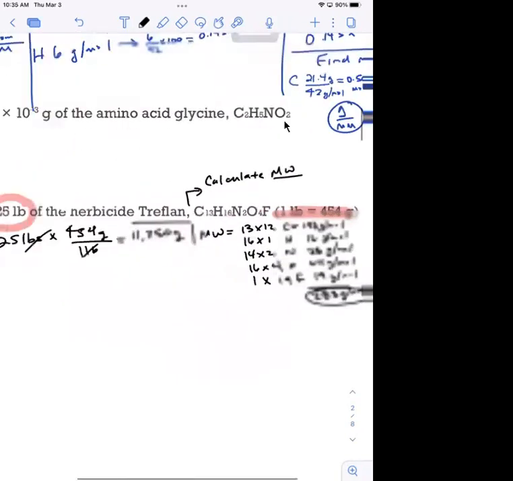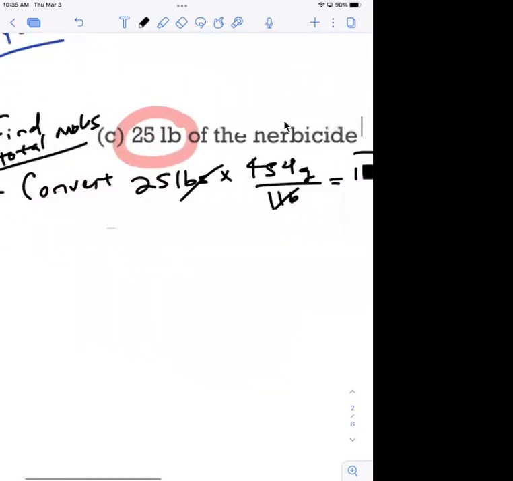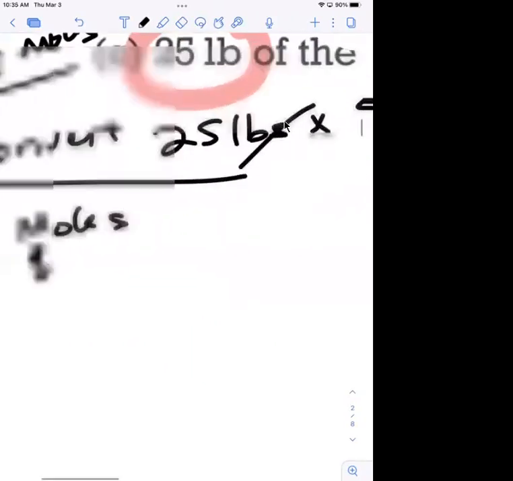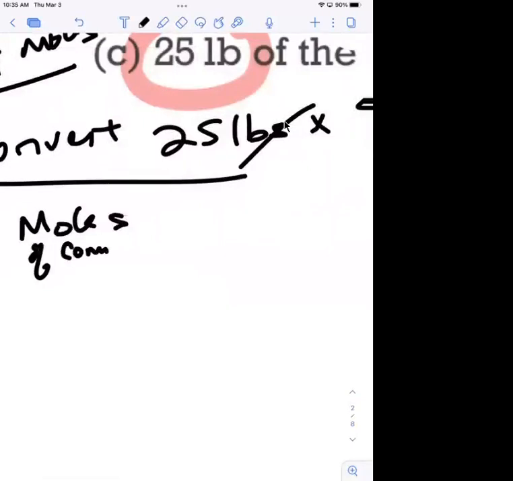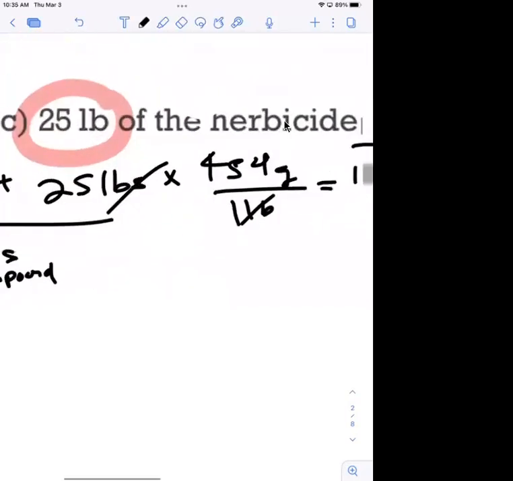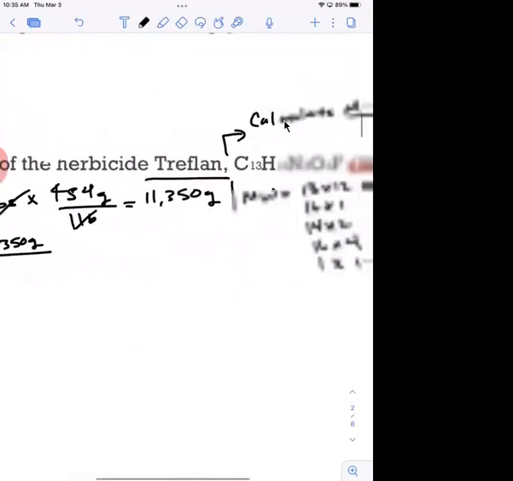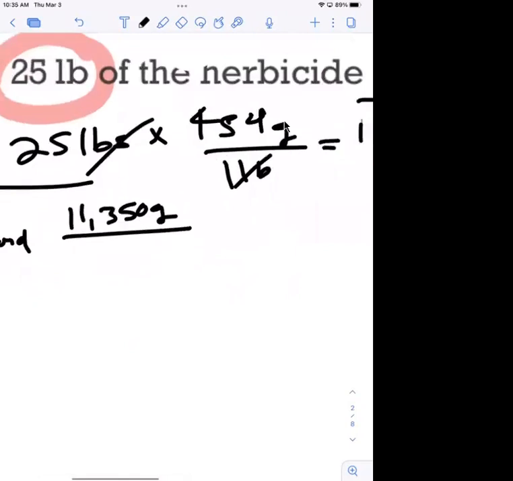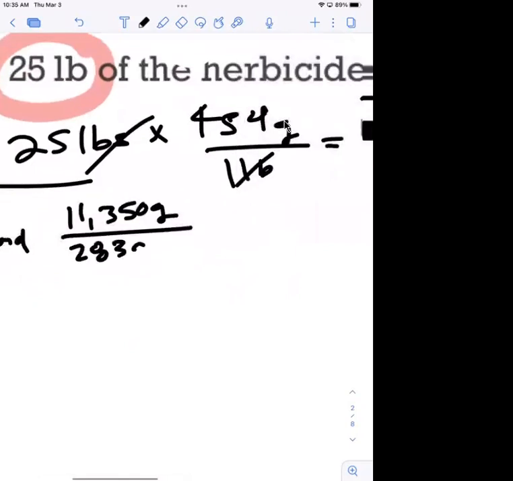So the moles of compound: 283 is molar mass. That's right. Molar mass, molecular weight, those terms are interchangeable. So that's going to be 11,350 grams divided by 283.13 grams per mole. What do we have from that?